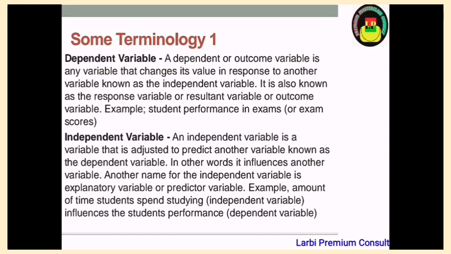Is that how you get what I'm saying? So that is the two. The dependent variable will change as a result of changing another variable, that's the independent variable. And the independent variable is the one that causes or influences another variable, that is the dependent variable. So that is the two in that case.